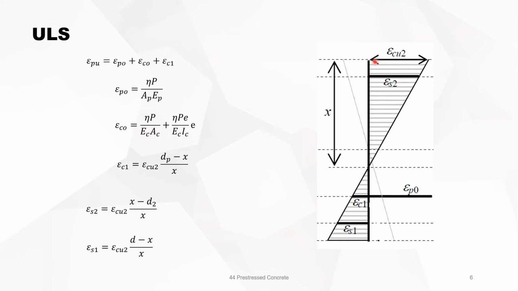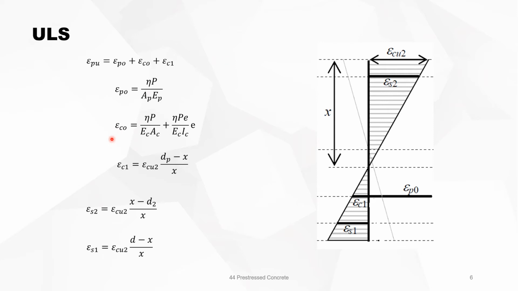Now let's look a little bit further concerning the strains. Epsilon PU, the strain at the level of the tendon, is the summation of three strains. The first one is the strain in the tendon, which is NP, the force divided by AP EP.